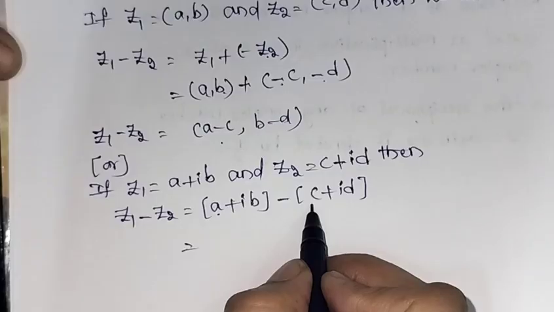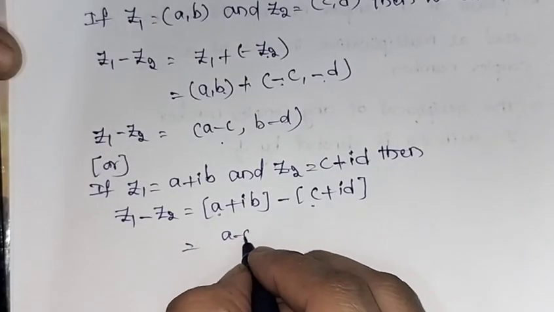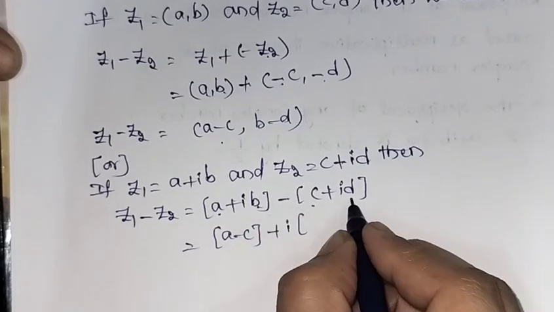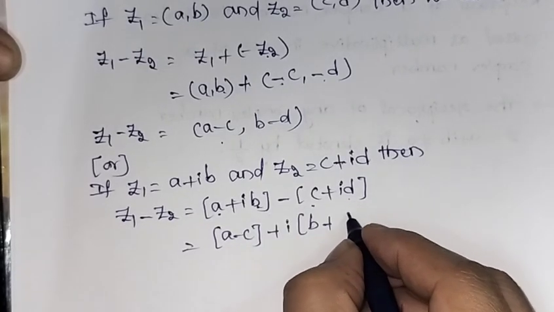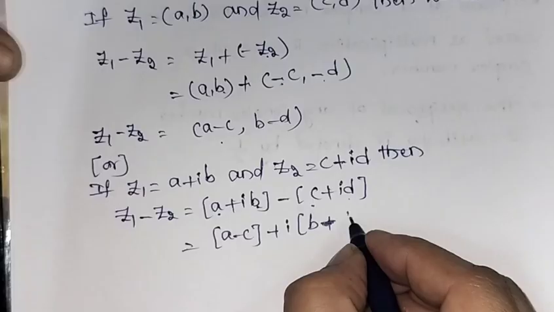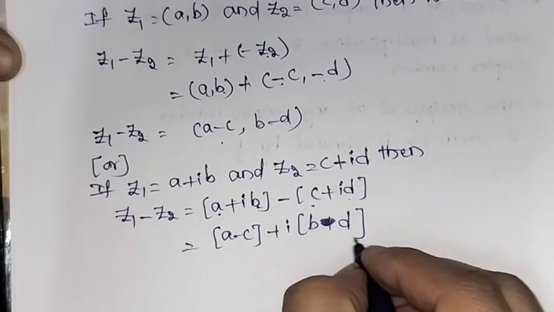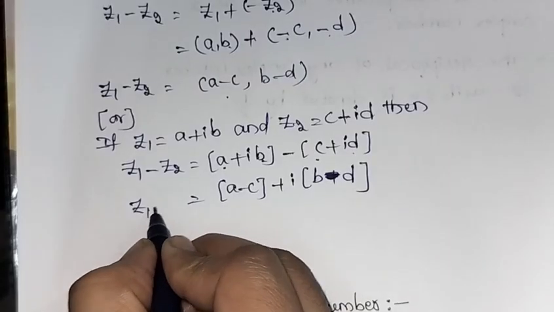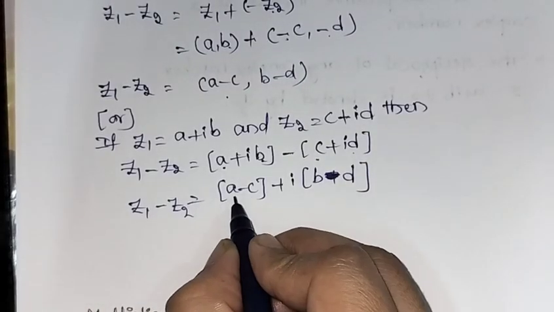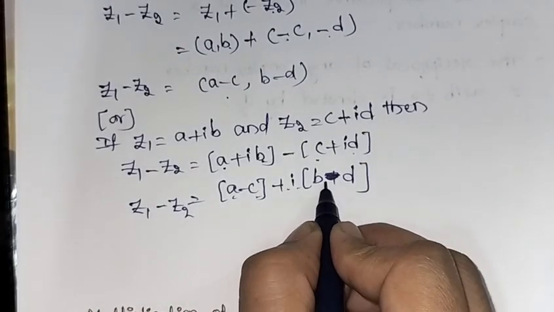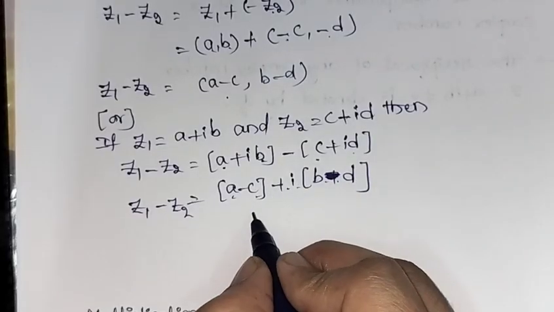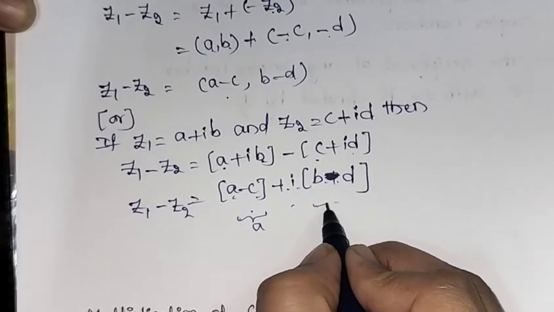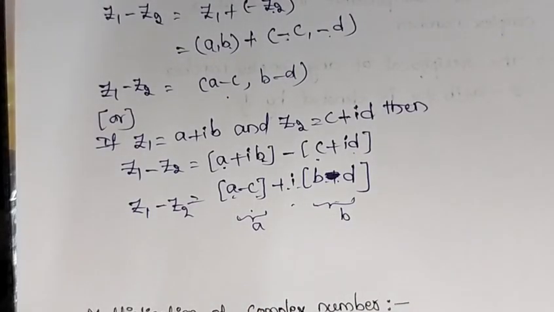Difference between two real parts a minus c plus i of difference between imaginary parts b minus d. Difference between two complex numbers is equal to a minus c plus i of b minus d. Again this is in the form a plus ib. Okay. Next definition.